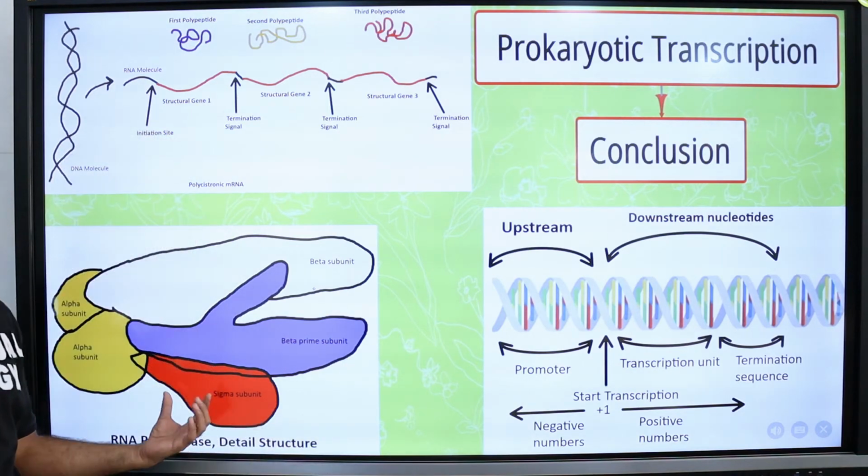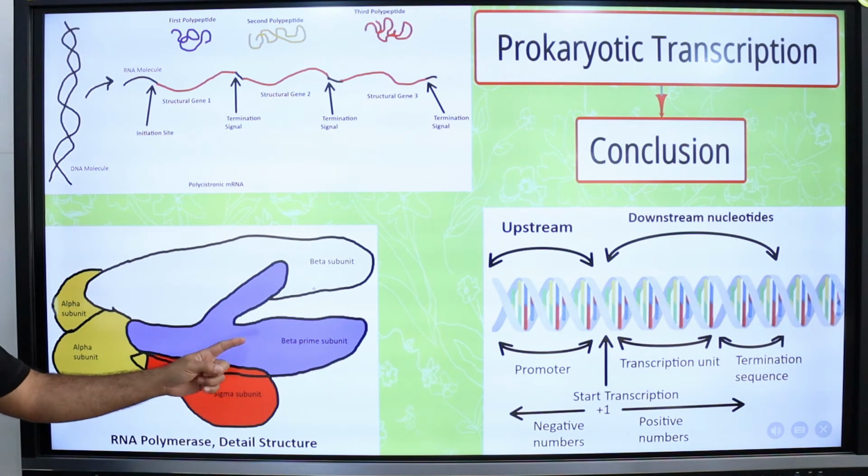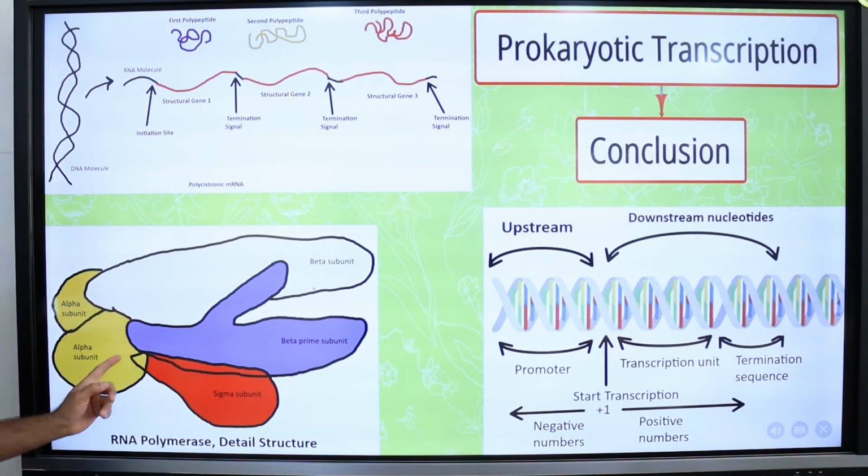RNA polymerase is composed of 5 subunits, that is 2 alpha subunits, beta subunit, beta prime subunit and sigma subunit. Out of 5, the 2 alpha, beta subunit and beta prime subunit are called the core enzyme, and RNA polymerase with 5 subunits is called the holoenzyme.